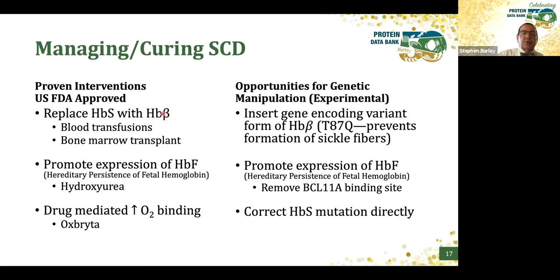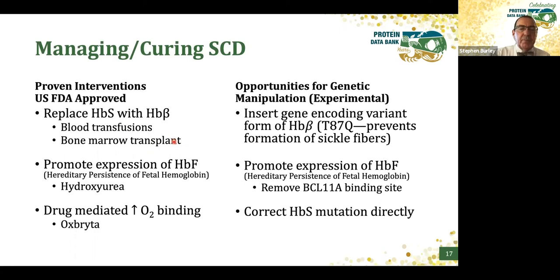That's transfusing from an individual who does not have sickle cell disease, has the normal hemoglobin A that I showed you, and simply giving them blood transfusions. Another approach that's been used is bone marrow transplantation. That involves destroying the bone marrow of the individual with sickle cell disease using a combination of chemotherapy and radiation, and then putting bone marrow back into them, typically from a relative that does not have sickle cell disease.